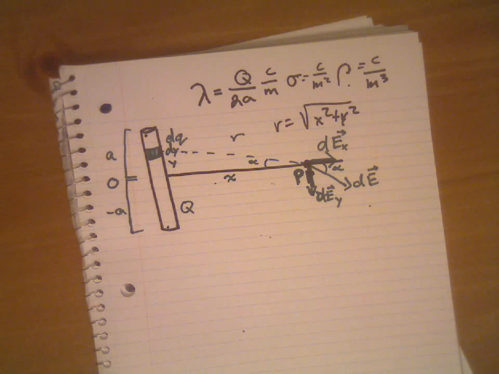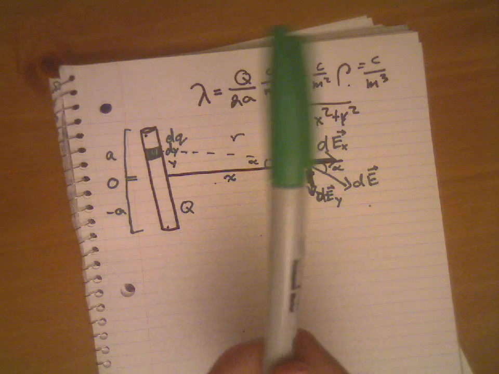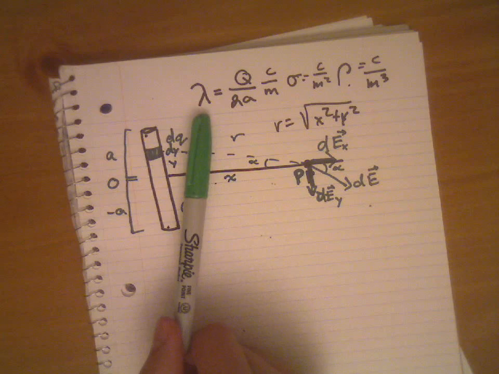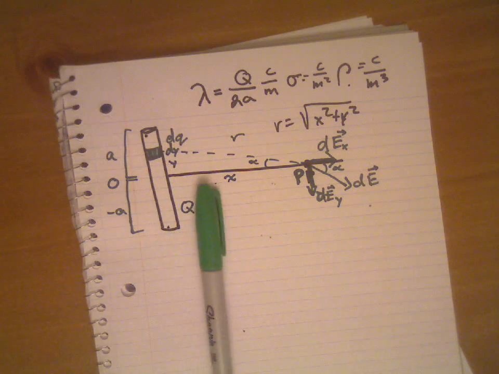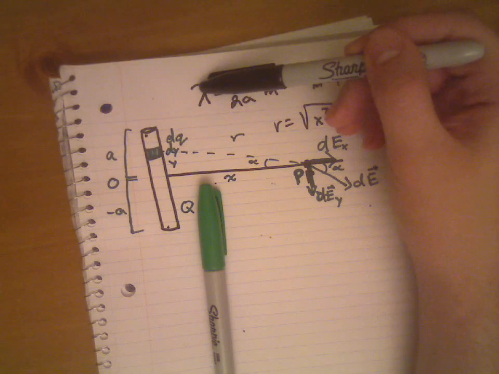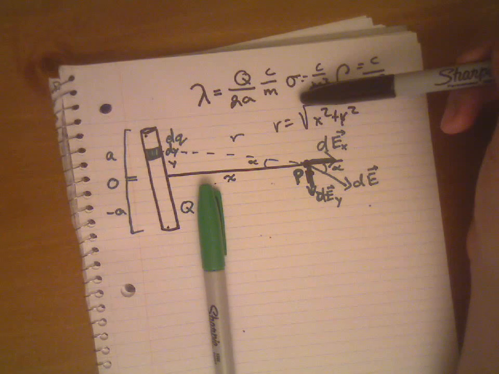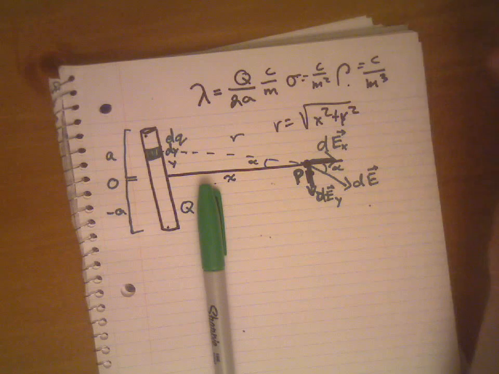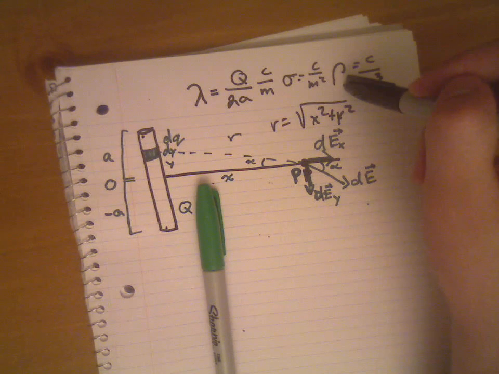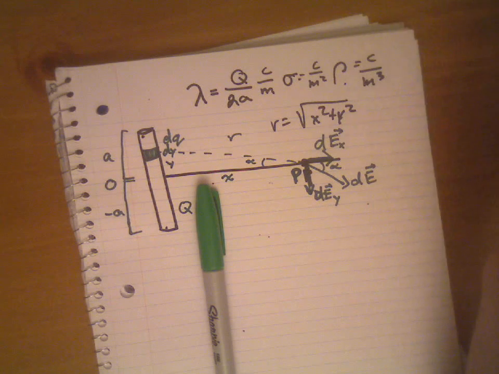Last thing that is important is linear density. There are different types of charge densities that we use in electromagnetism. This one, lambda, represents linear. Sigma will represent the area, so how much charge is on a square or a circle, and rho will represent volume, so how much charge there is in a cube.